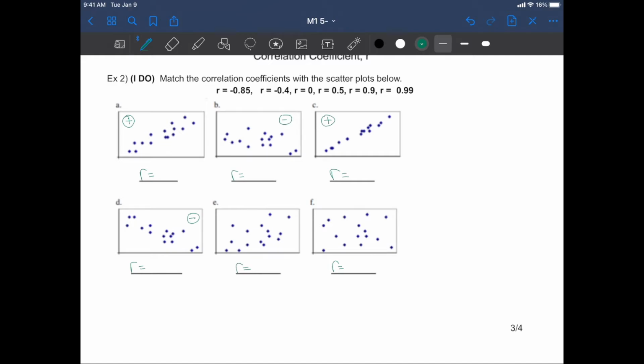Let's just go ahead and work with what we have. The strongest positive correlation can be seen in graph C. So that must have the correlation of 0.99, because that is the closest to 1. Okay, so let's look at the next one.